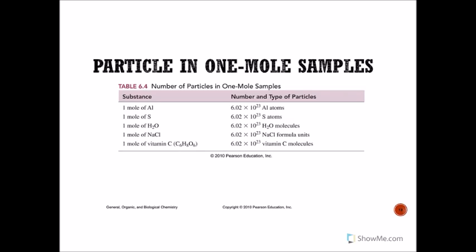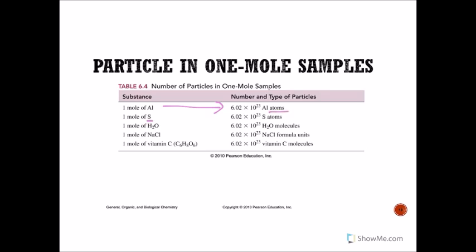For a little bit of a chart, just a little more condensed. Again, 1 mole of aluminum. Aluminum is a singular element, it's by itself. We know we need to write it as 6.02 times 10 to the 23 aluminum atoms.